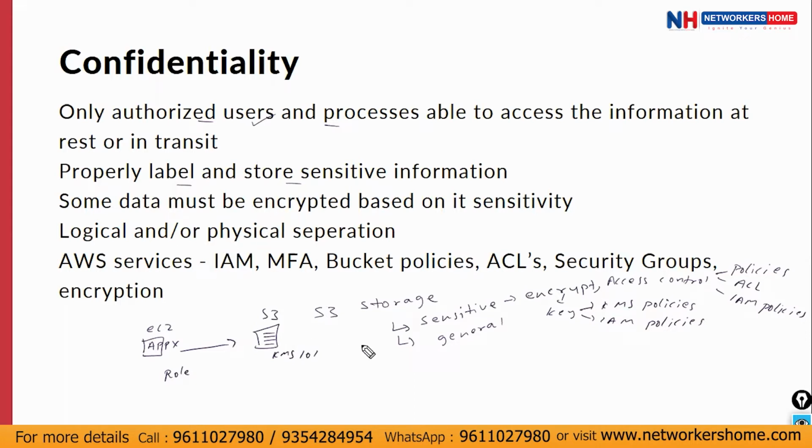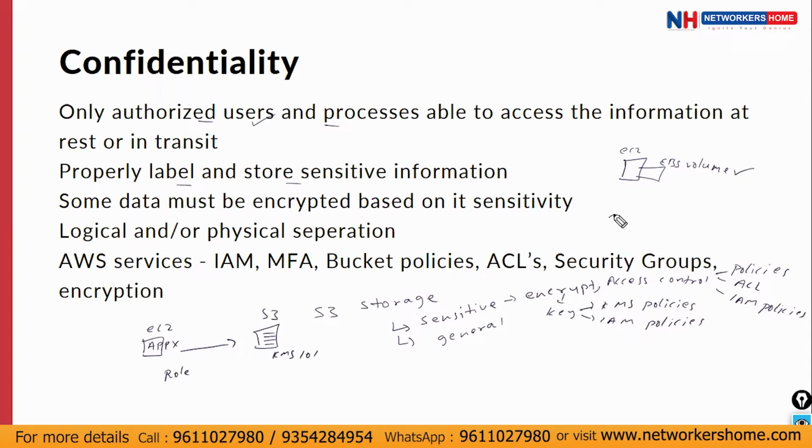Let's talk about EBS volume. You have an EC2 instance running and an EBS volume, and you can turn on encryption on the EBS volume. How are you going to grant access so that the application running on EC2 can access that encrypted data on the EBS volume?